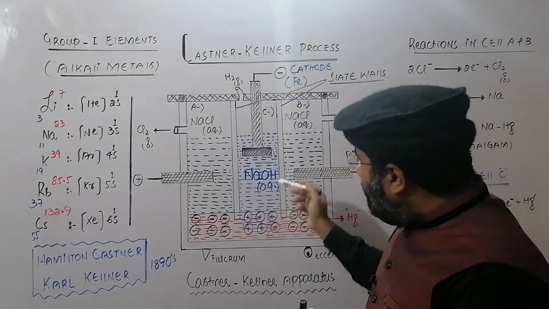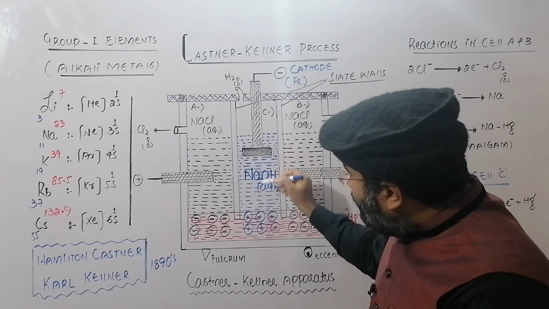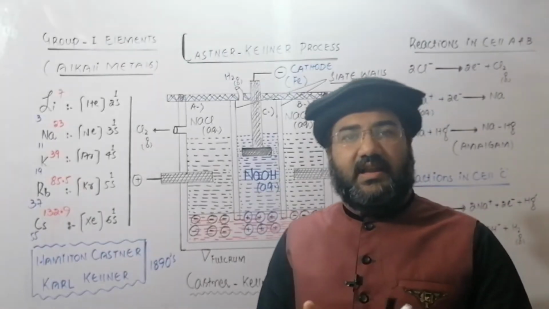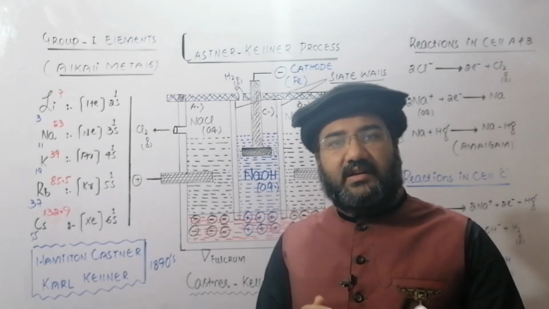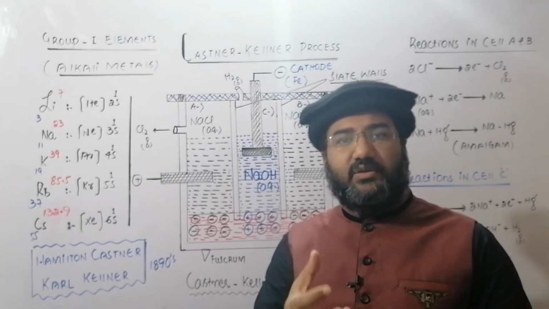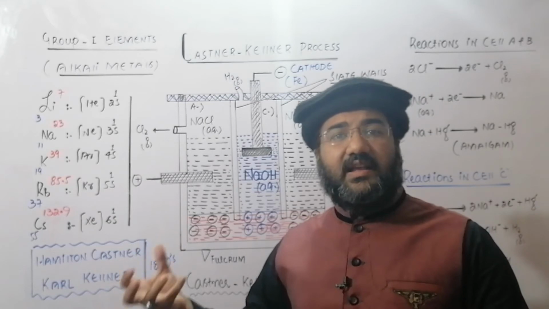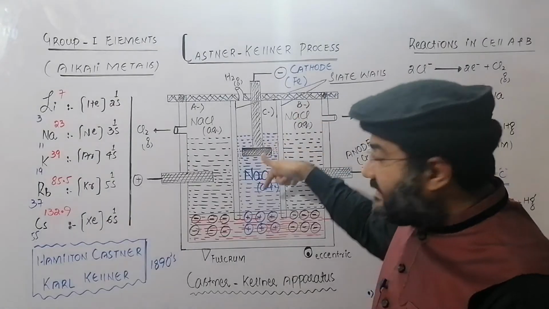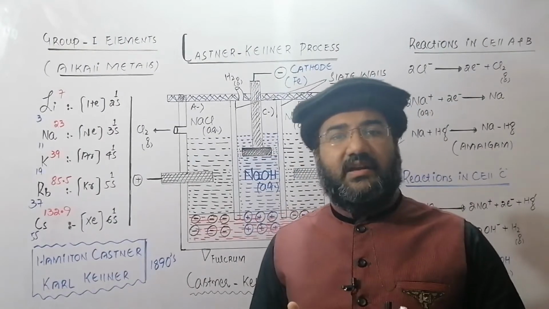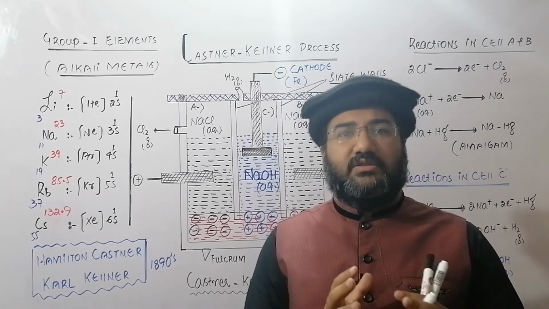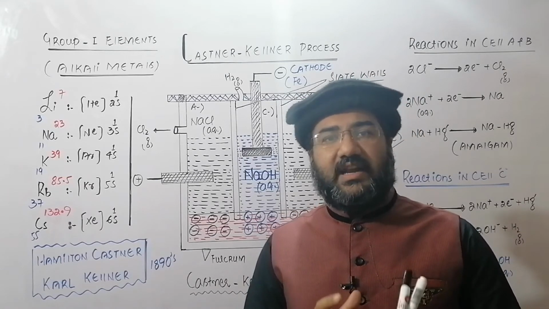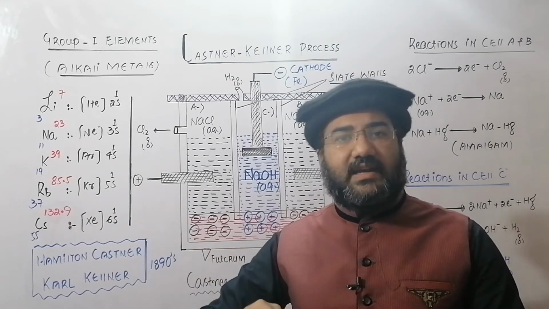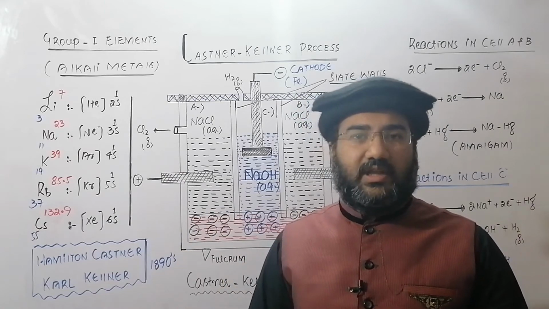When NaOH is produced, this dilute solution gets concentrated, and once it gets concentrated, the sodium hydroxide produced is separated, and water is added to make the solution dilute again.